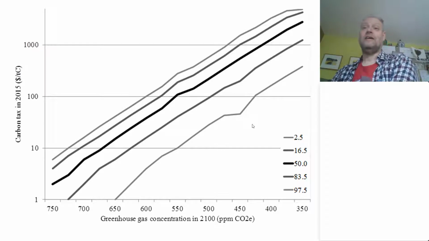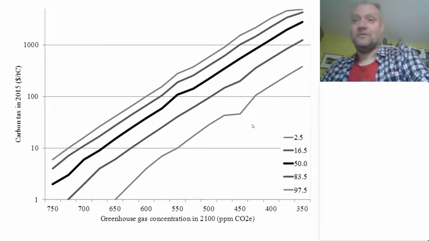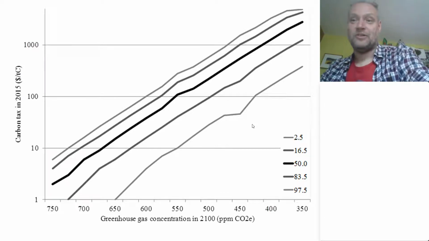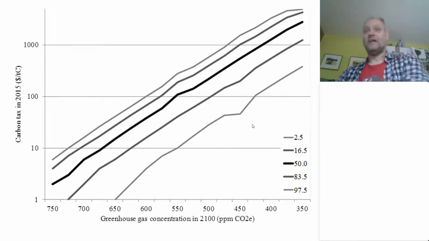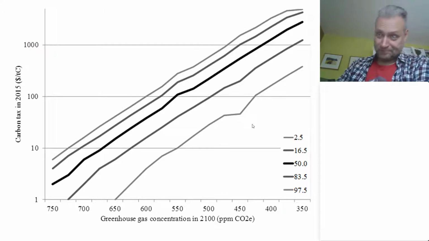The other way is reading it in the opposite direction and saying, well, if I impose a carbon tax, or had I imposed a carbon tax of $100 per ton of C in the year 2015, then I would have been on track to reaching a target of 550 parts per million. So this is just a supply curve of climate policy, if you will.